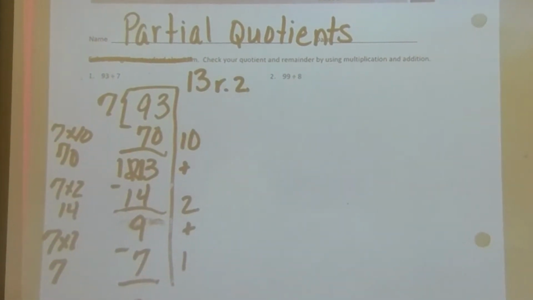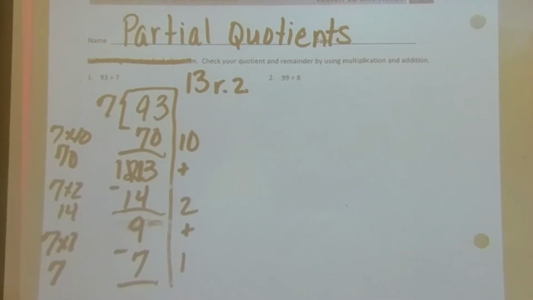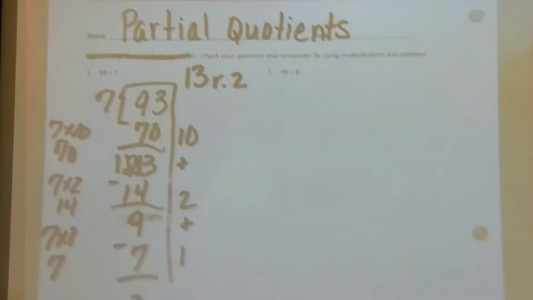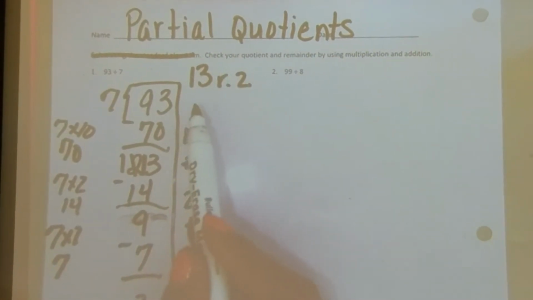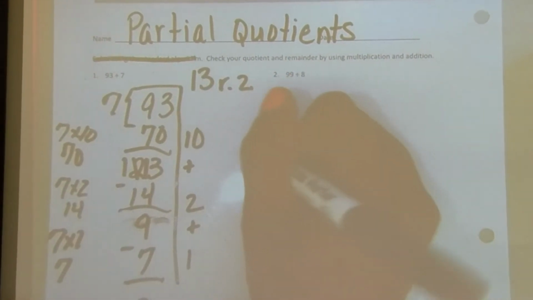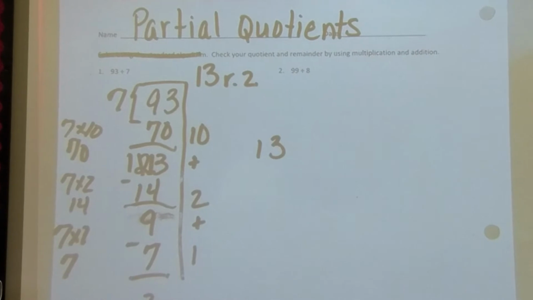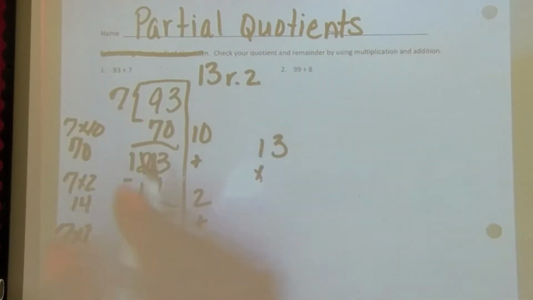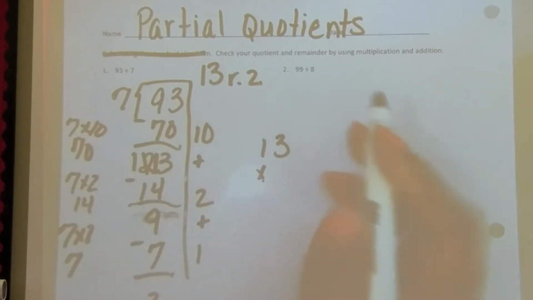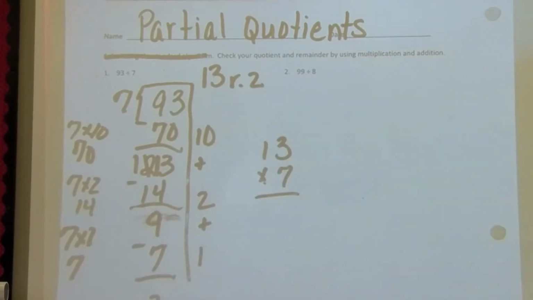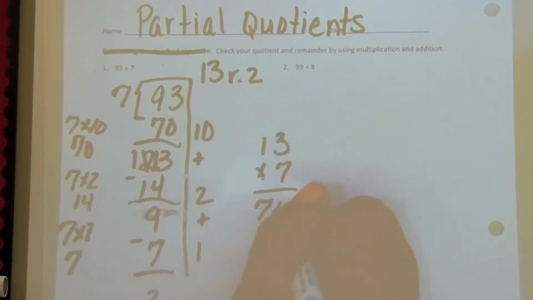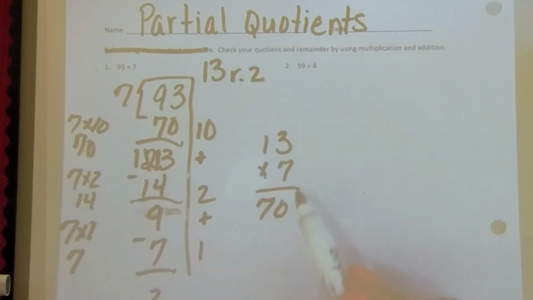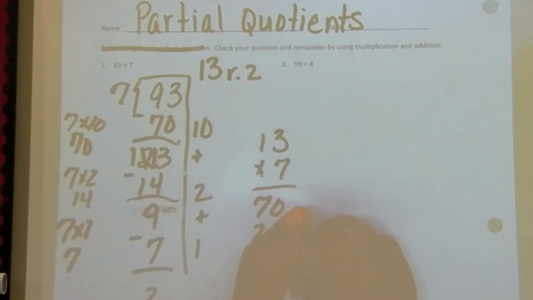Now, we also stress to the students that they check their work, and the way to check their work is to use multiplication. So what we would do, we would take our quotient, which is 13, multiply that by our divisor, which is 7. 10 times 7 is 70. 3 times 7 is 21.